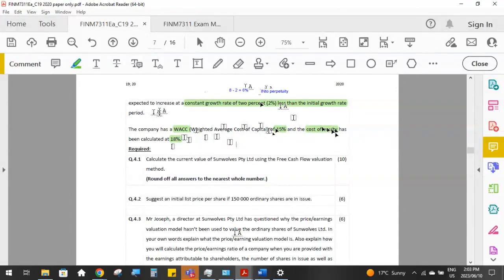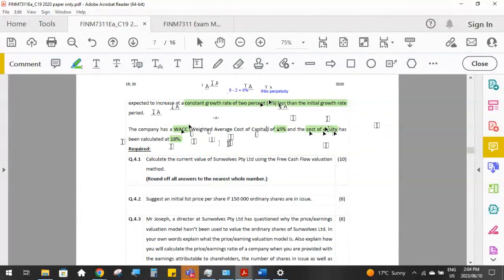So in this specific method, the free cash flow valuation method, because we are valuing the entire company as a whole, we use the weighted average cost of capital. Whereas in the previous methods, such as the dividend growth method, we use the cost of equity or required rate of return as the percentage to discount those cash flows.